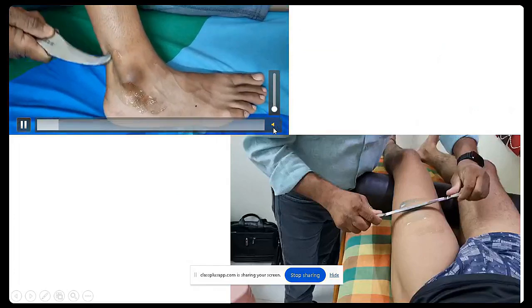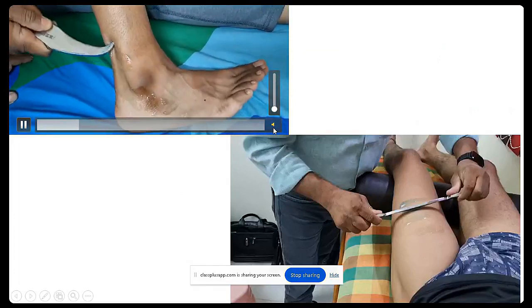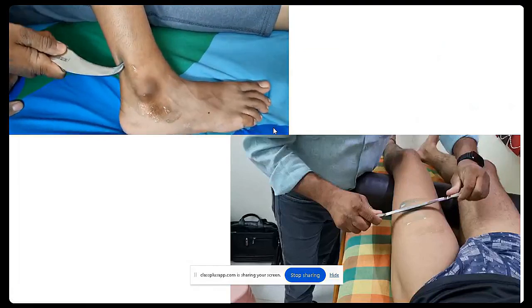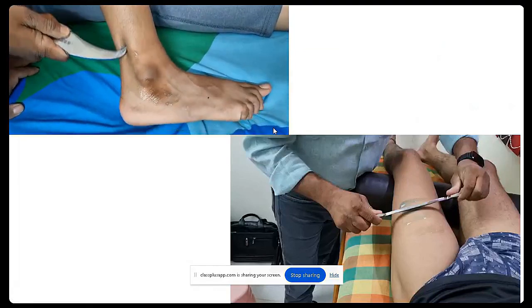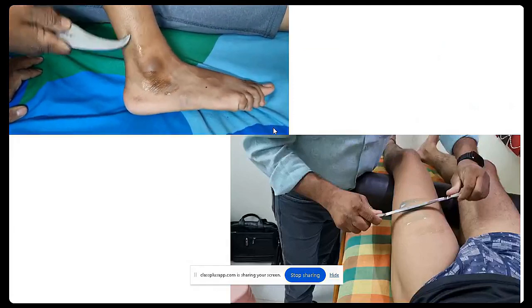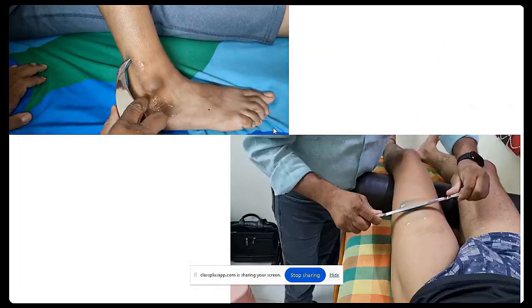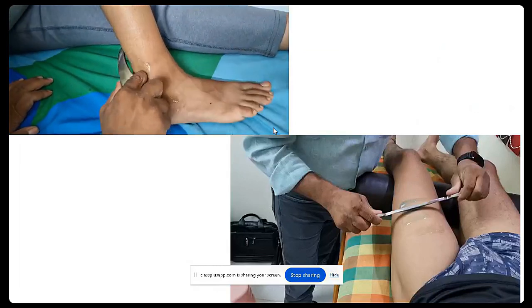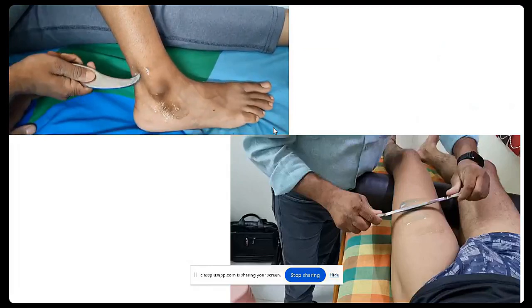Here in the first video, you can see that I am doing the myofascial release with this particular instrument for the smaller region. I am just releasing the Achilles tendon and the tibiotalar ligament.